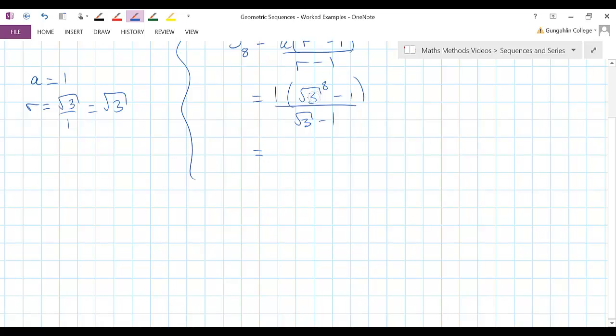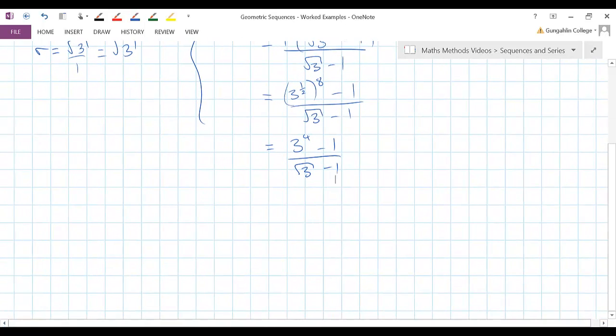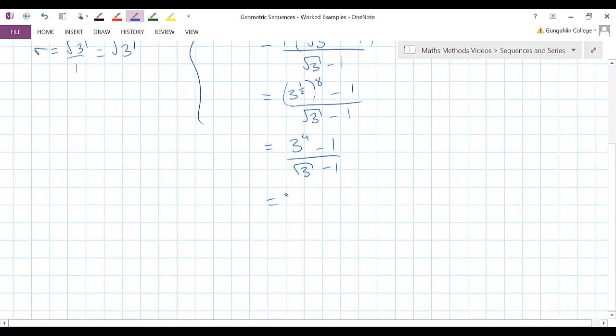Let's use our index laws on that top there. We take the square root of 3 and we write it as a fractional index, and divide by the square root of 3 minus 1. Tidying up here, we get 3 to the 4 minus 1. And again, 3 to the power of 4 is not the kind of thing you are expected to be able to do in your head.